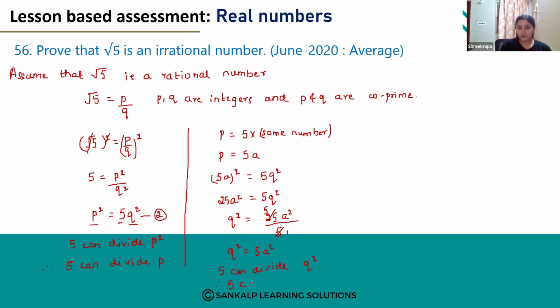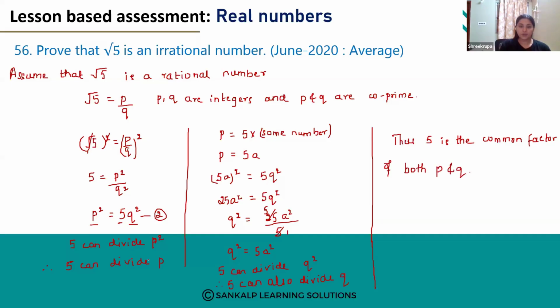Therefore, 5 can also divide Q. So 5 is the common factor of both P and Q. Because 5 can divide P and the same 5 can divide Q. So it will become a common factor for both P and Q.